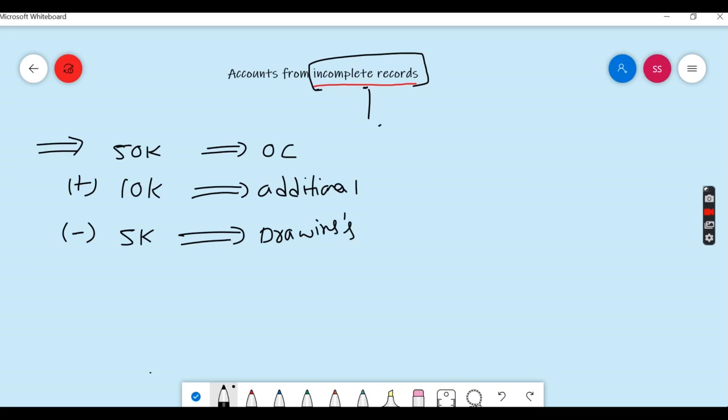Right now he has a closing capital of, let's just say, 1 lakh rupees left with him. So if anybody asks how much profit he made during the year, he will say: 60 minus 5, 55. So the total capital he invested in the company is 55,000, and right now he has 1 lakh with him. So the total profit he made during the year is 45,000 rupees, right?